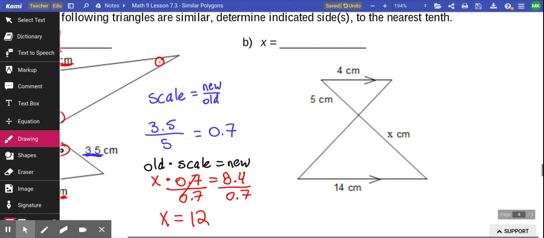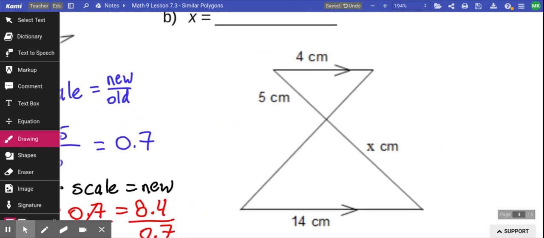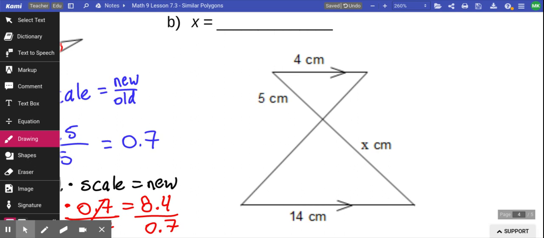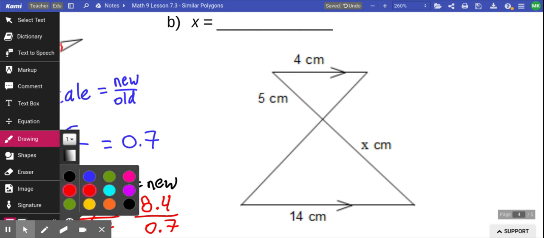Awesome. Let's look over here. These are two triangles that are actually similar triangles, even though it might be kind of hard to tell. The only sides that really match up here: these two are obvious, right? 4 and 14 are the top and the bottom. They're supposed to match. And then we have X over here and 5 over here.